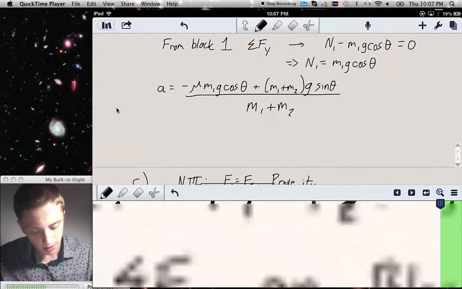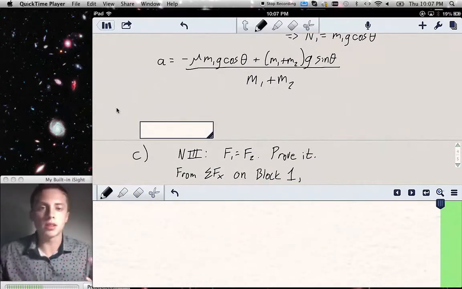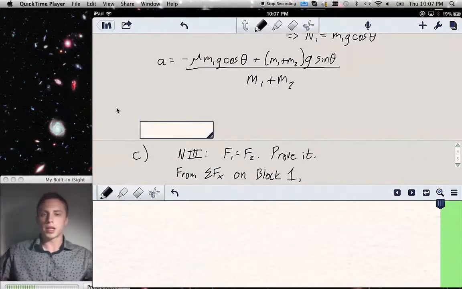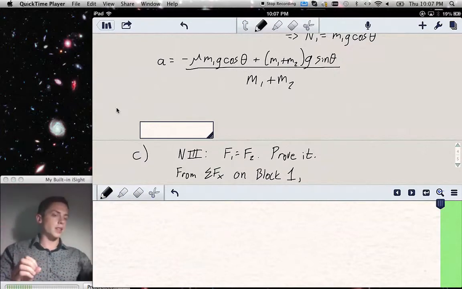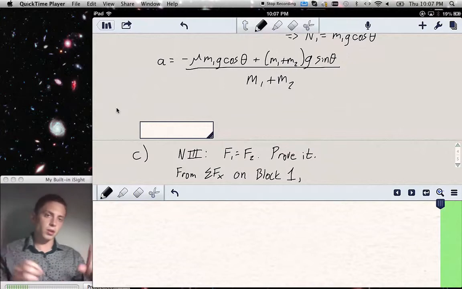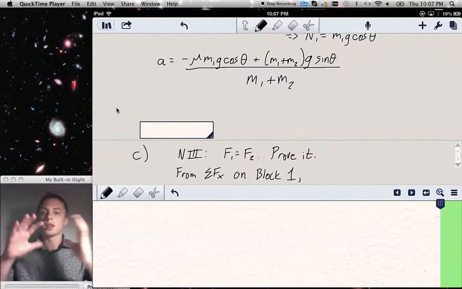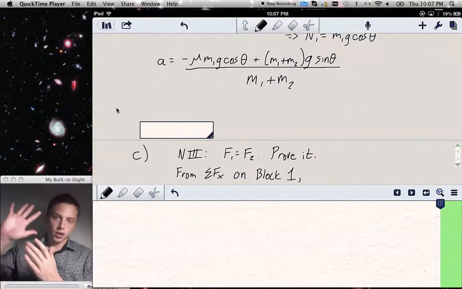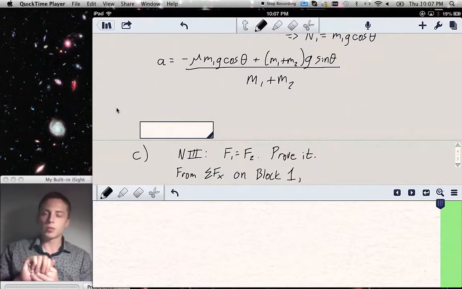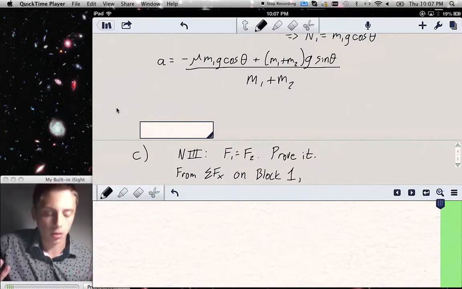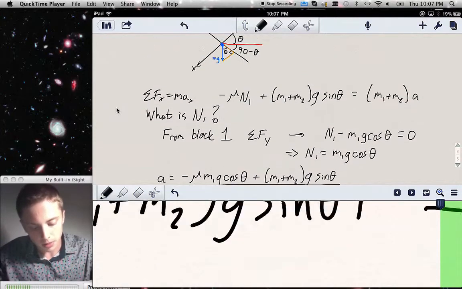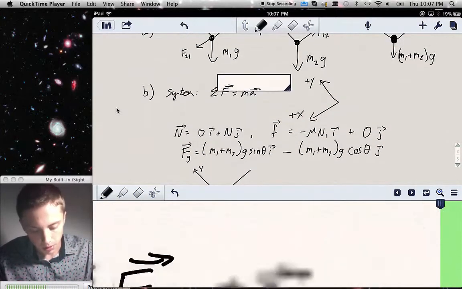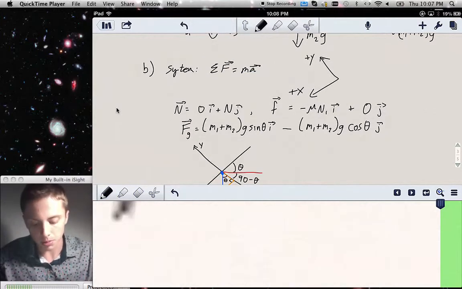So that is the acceleration of the system, most easily found by using two free body diagrams: the free body diagram of the combined system, and then, since we had friction just on block 1, the free body diagram for block 1 just to find what N1 was. We did that. What was the law or definition we applied here? Well, that wasn't straightforward. It was this sum of the forces equals ma.